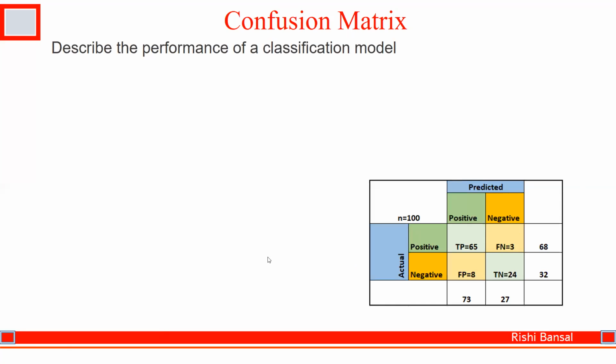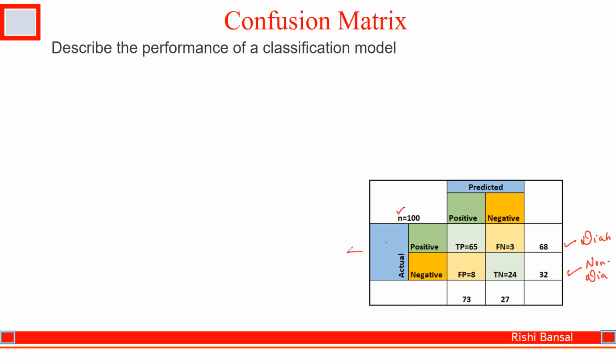So here, suppose we have a total of 100 readings. That's why I have written n equal to 100. Now the actual result, suppose in case of diabetes: out of 100, 68 are positive and 32 are negative. Means 68 people have diabetes and 32 people are non-diabetic.